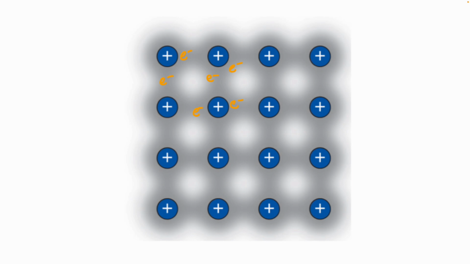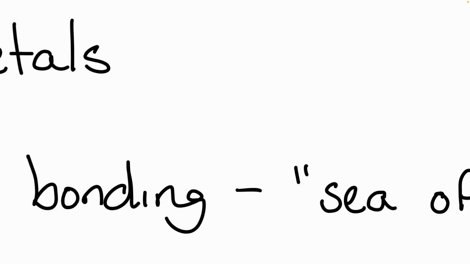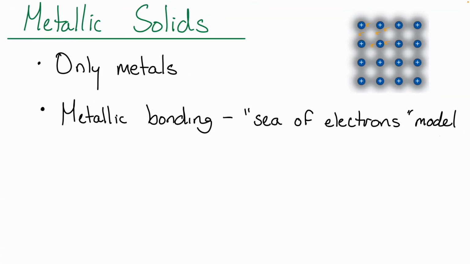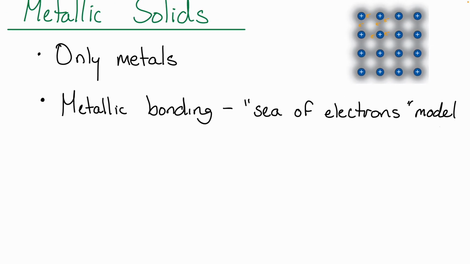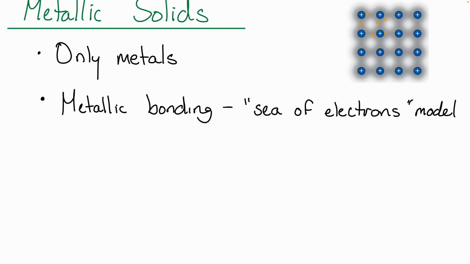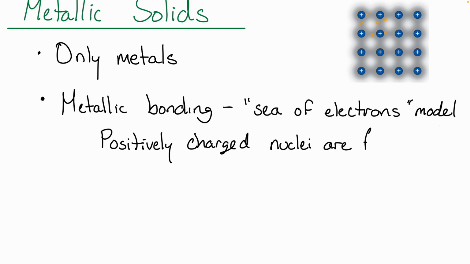Okay, so it's all just kind of this theory about metals not really holding on to their electrons very tightly. And so we have what we call the sea of electrons model here, the idea that our positively charged nuclei are floating in a sea of electrons.